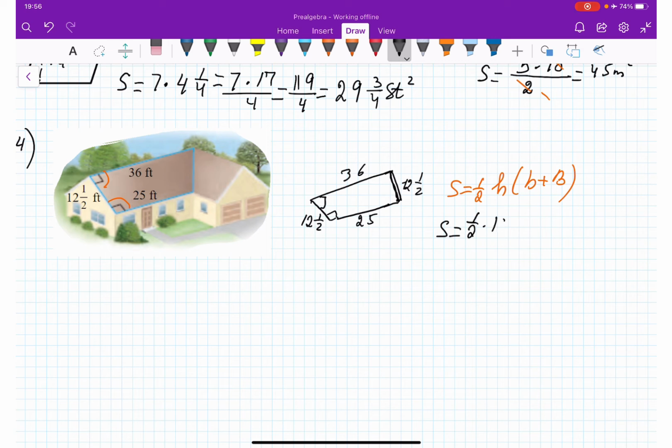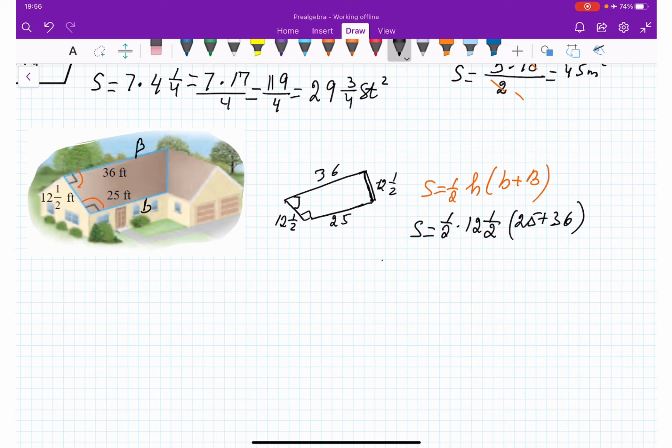H is our 12 and 1/2, and times b plus uppercase B, which is, I would say, this is lowercase b, this is uppercase B. It's going to be 25 plus 36. All right, so let's see how much it's going to get. S is equal 1/2 times 25 over 2, and times 25 plus 36, 61. Yes?